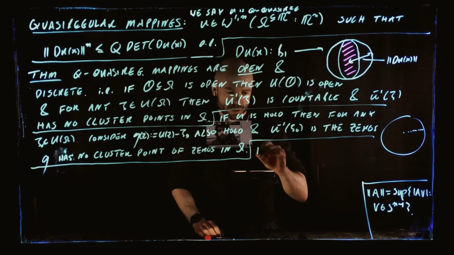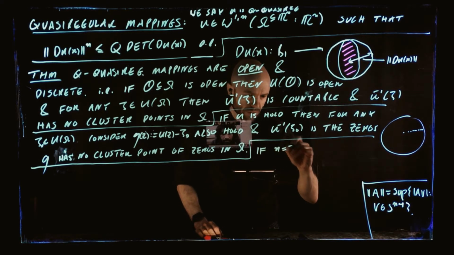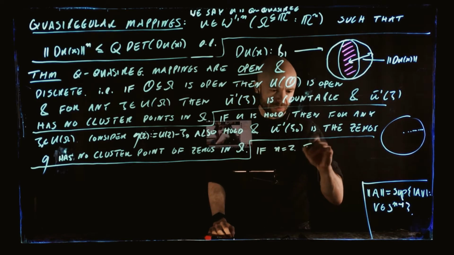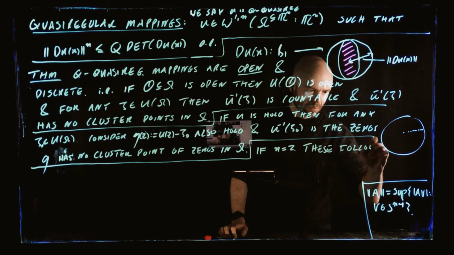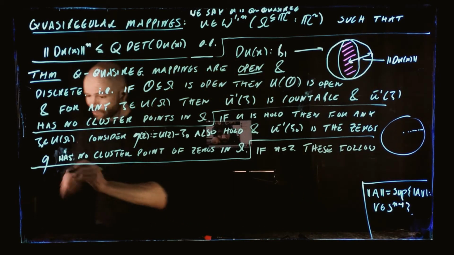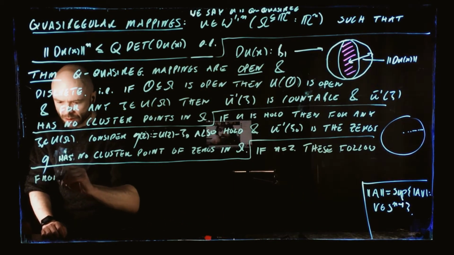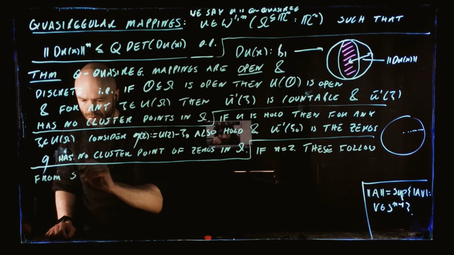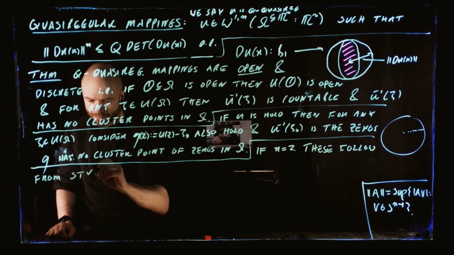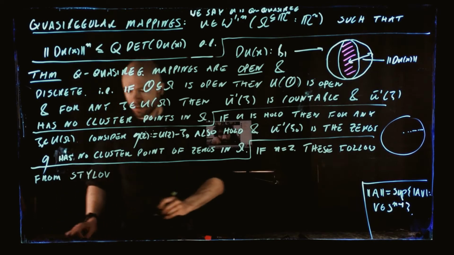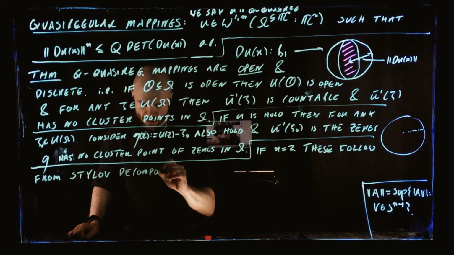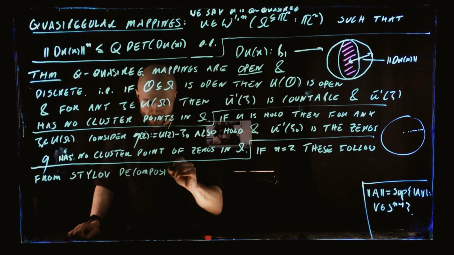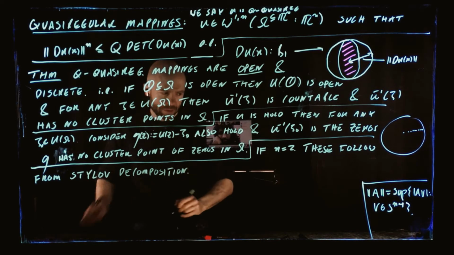So if n equals 2, these follow from Stoilow Decomposition, which I'm about to explain.